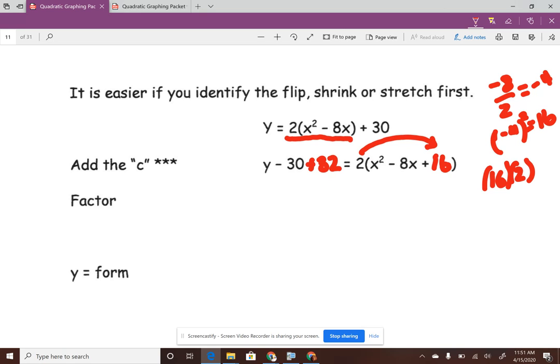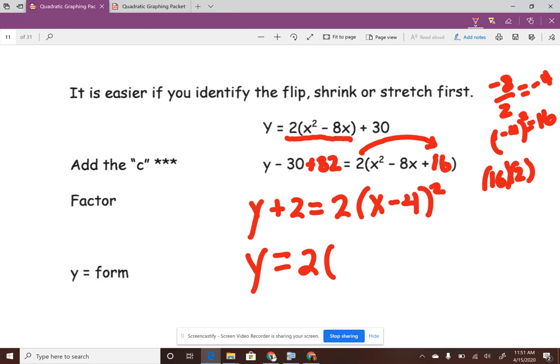I added 16 times 2. So that gives me y plus 2 is equal to 2 times the quantity x minus 4 squared. And now it's basically just move the 2. And that's vertex form.